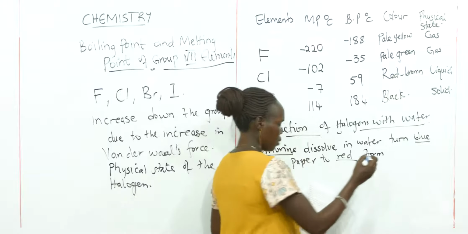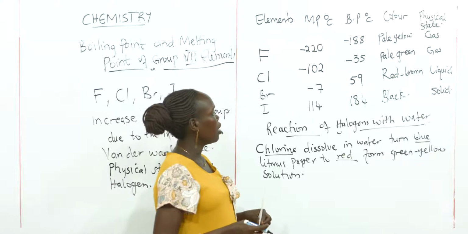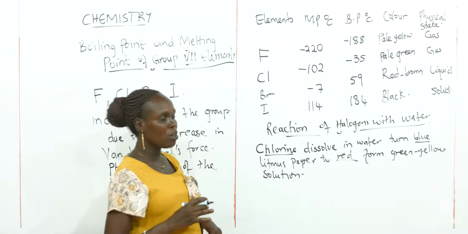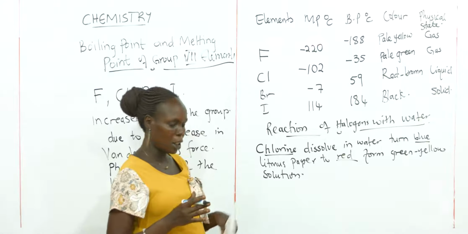So you will see that this solution, which is formed from water and chlorine, has a green yellow color, showing the presence of chlorine gas in that solution, and the solution is acidic in nature.